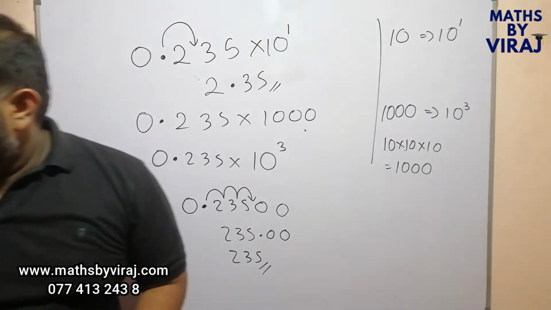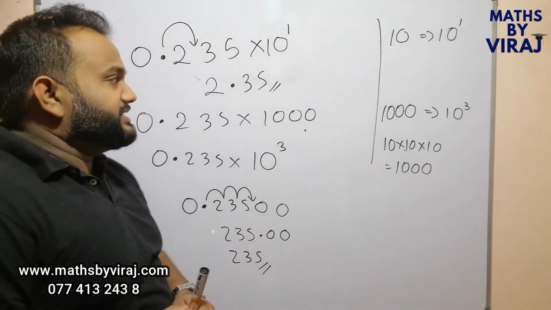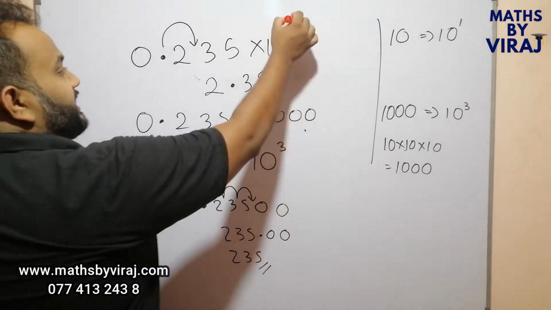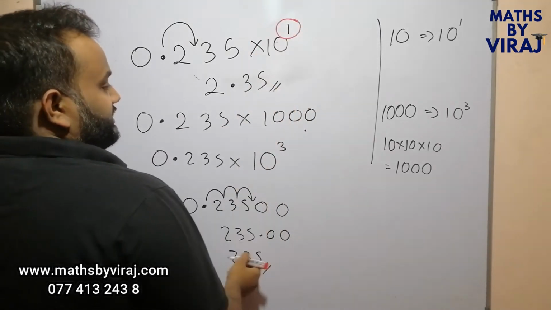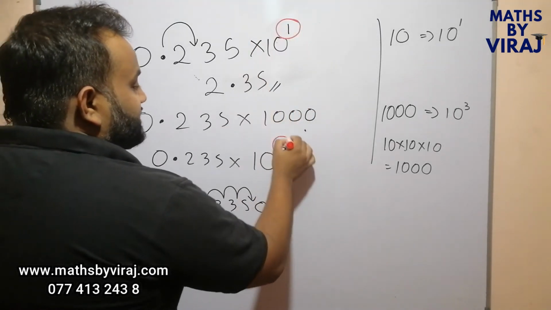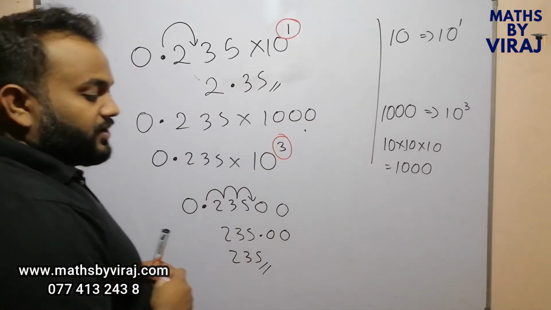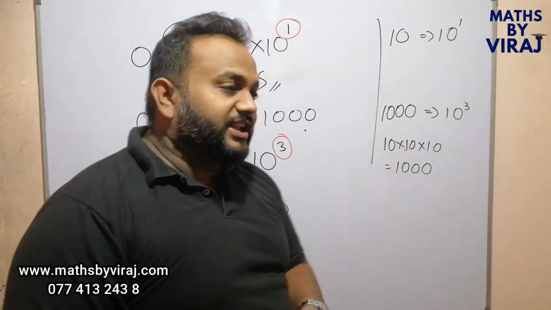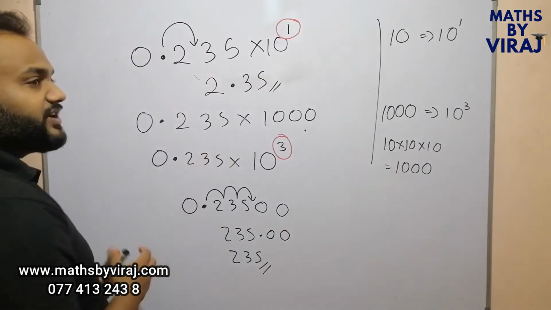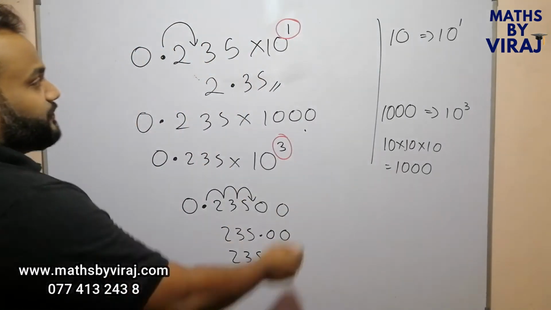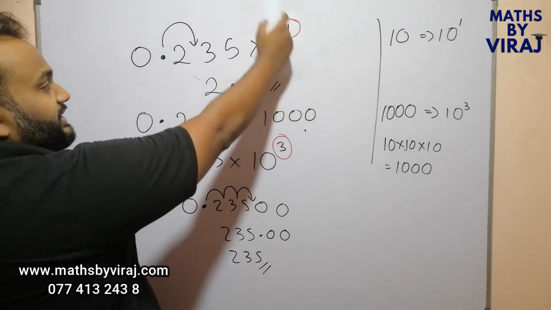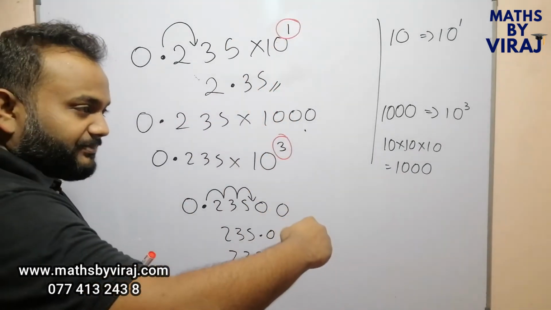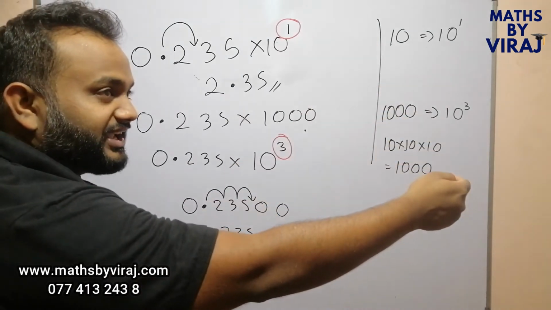Now children, the most important part here is that we identify what the power is, in this case 1, and in this case 3. For small children, grade 7, 8, 9, this can be very difficult to understand. So we say when it is written in the form of 10, the decimal point jumps to the right.